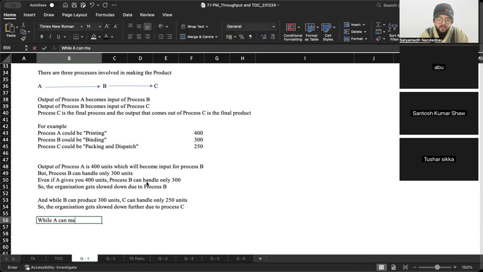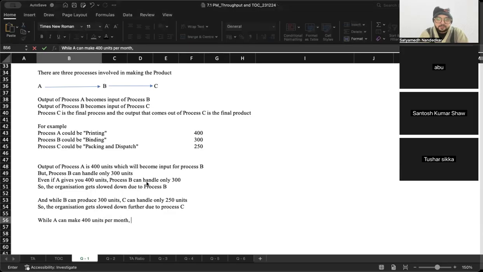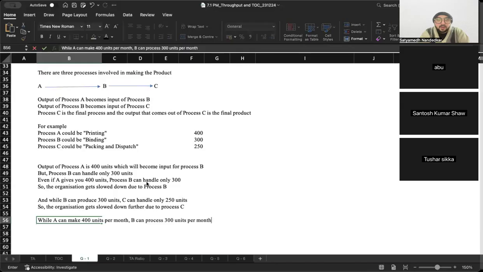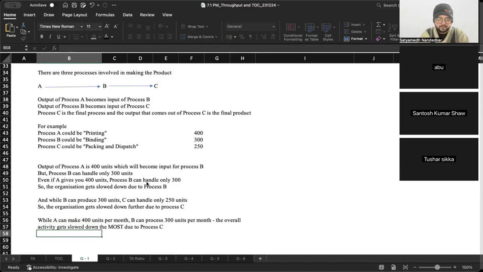So while A can make 400 units per month, B can process 300 units per month, the overall activity gets slowed down the most due to process C. So process C is my bottleneck.